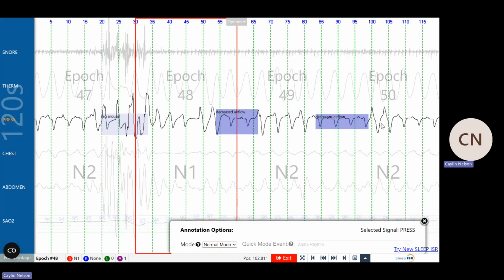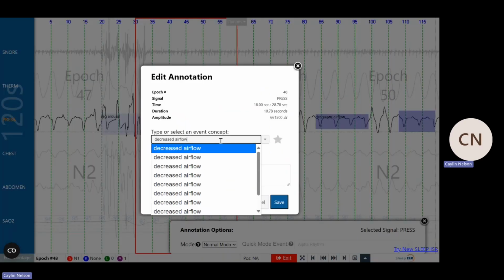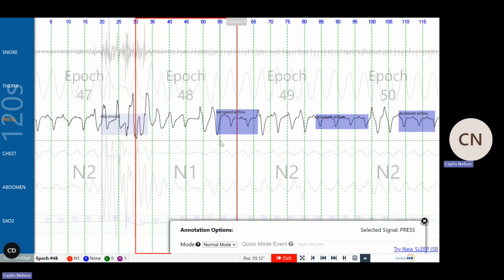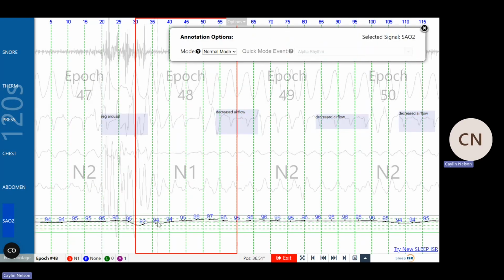Another example was that zoom in, those few seconds towards the end in epoch 50. We have another little form of decreased airflow. This one was about 11 seconds. It seems that after the patient had that possible coughing fit or just that arousal, as the word there didn't necessarily say that's what it is, they had a few moments of decreased airflow after.